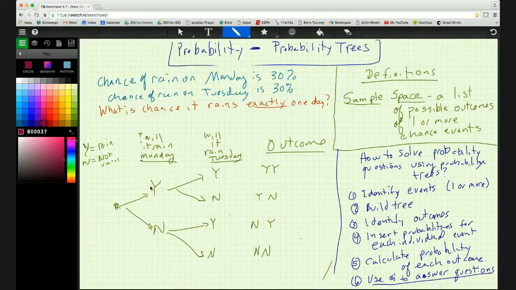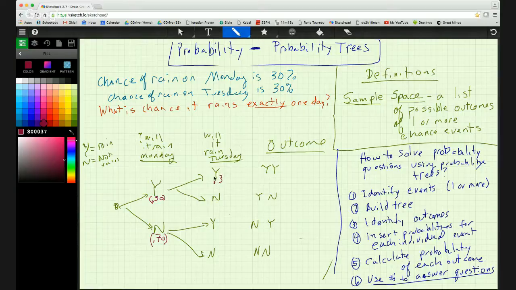Okay, so let's look at what we got here. Let's write our probabilities. The chance that it will rain, yes, is not 50, it's 0.30. So if it's a 30% chance of rain, it's a 70% chance of no rain. If it rains on Monday, the chance of raining on Tuesday is also 30%.